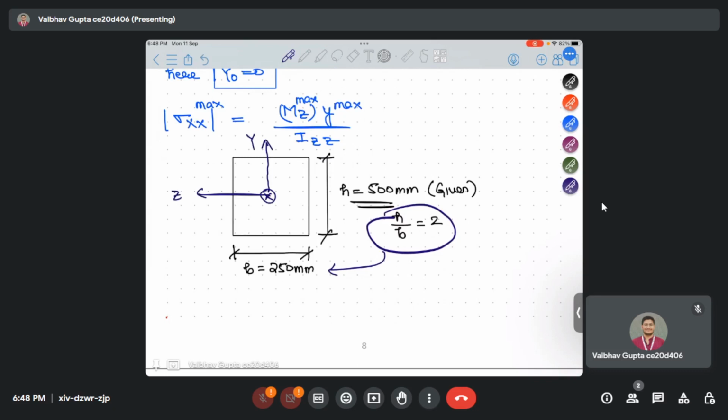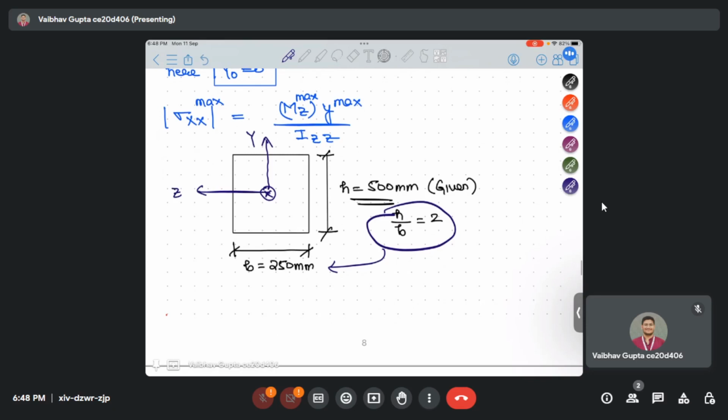As you have seen in the lectures, what is the variation of bending normal stress? It's nothing but like this for a rectangular cross section. You can go back to the lecture and see how it is derived. I won't derive it because of the time shortage. So extreme bending normal stress will occur at the extreme ends.